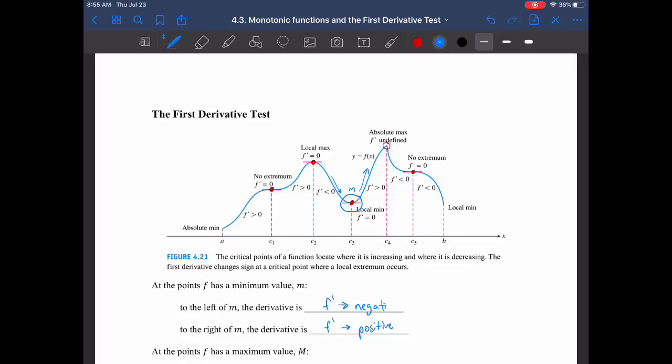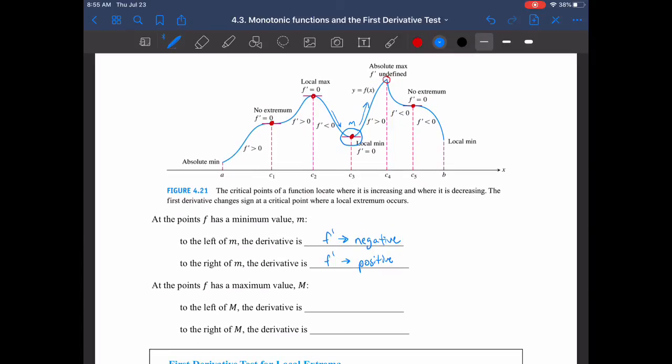At the point F has a maximum value, M. Let's look at this maximum point right here. Everything to the left of it, we have a positive slope. So to the left of this point, a capital M instead of that lowercase m, F prime is going to be positive.